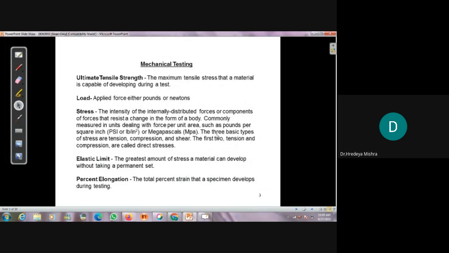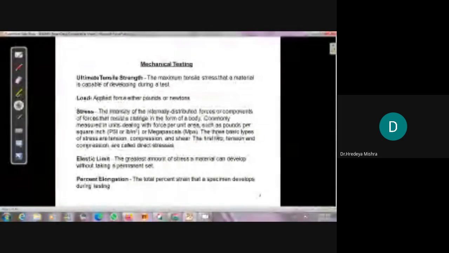The greatest amount of stress a material can develop without taking a permanent set or permanent deformation. What it means is, elastic limit is the maximum force that can change the shape and size of the material, and when we remove the force, the material regains its original position.